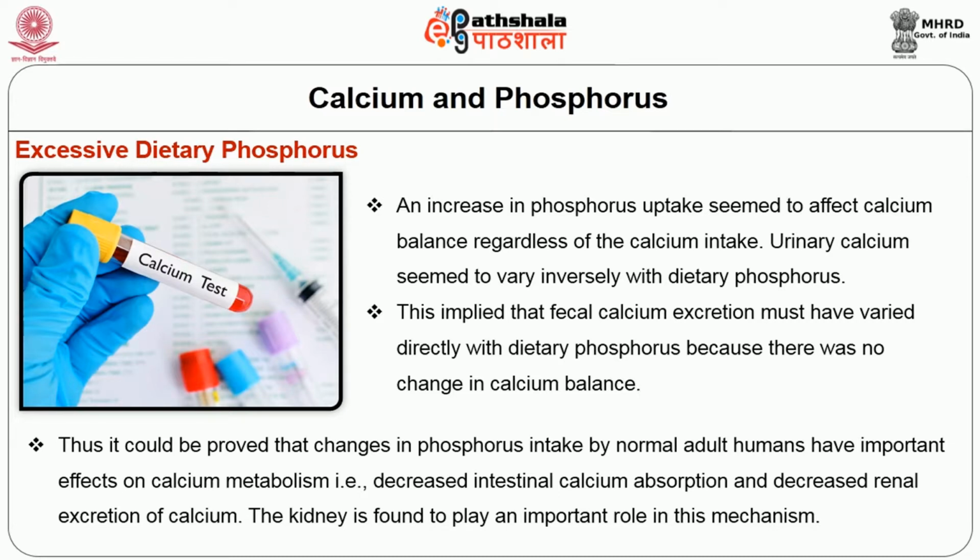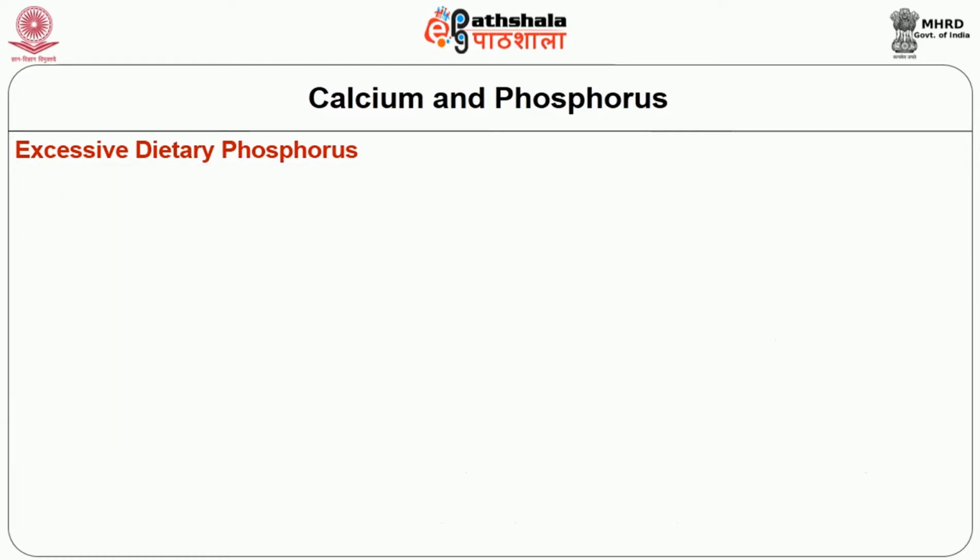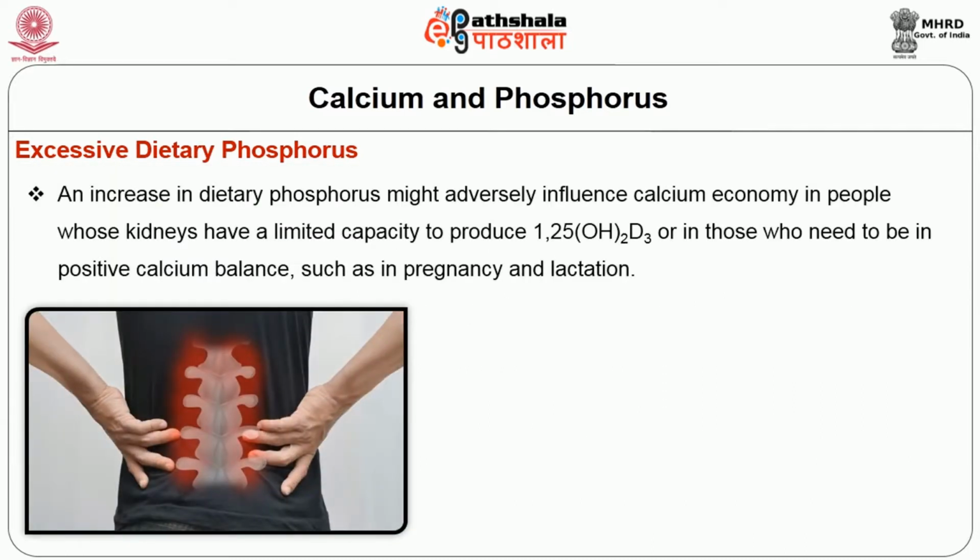The kidney is found to play an important role in this mechanism. An increase in dietary phosphorus might adversely influence calcium economy in people whose kidneys have a limited capacity to produce 1,25-dihydroxycholecalciferol, or in those who need to be in positive calcium balance, such as in pregnancy and lactation.